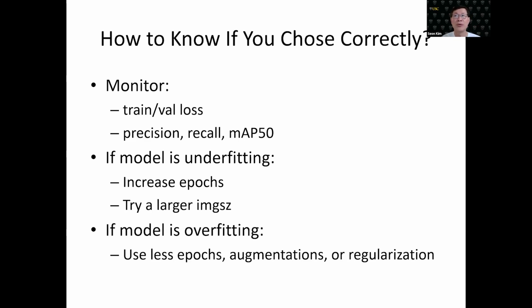It's not general. When you have new images, maybe your model is not predicting well. That situation is called overfitting. For different situations, there are different ways you can try to enhance the accuracy.